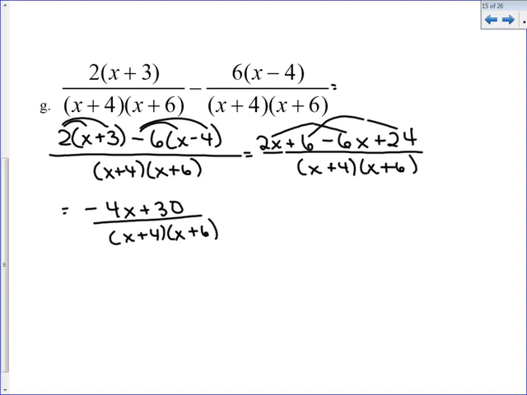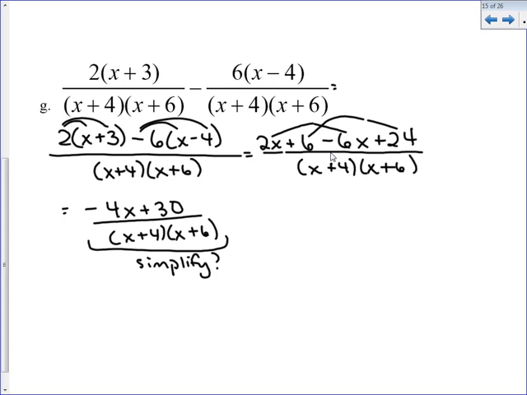And now that the numerator's combined, my last question is always, can I simplify? Yes. And I can simplify because I can factor. I can factor the numerator. How am I going to factor that numerator, negative 4x plus 30?